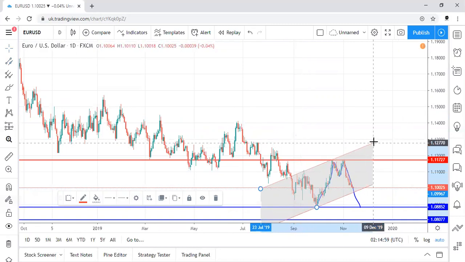Then I'm going to put it like this. Then I have my lower tenth here. This is what I have here.